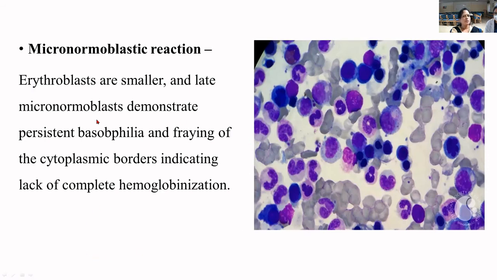These are micronormoblasts. They show persistent basophilia and fraying of the cytoplasm, indicating lack of hemoglobin. They still have blue color because hemoglobinization is not happening.